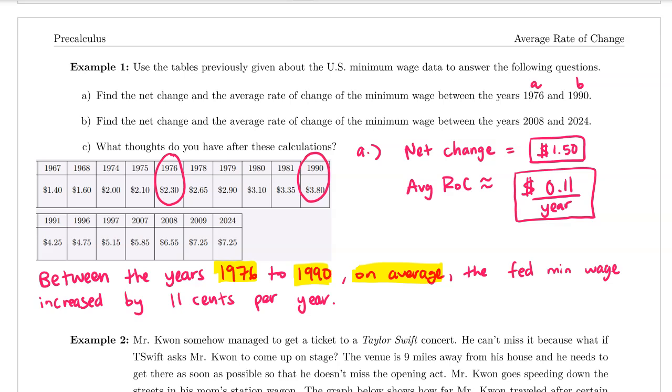Then another really important word is increased, because we found that the slope was a positive number. When the slope is a negative number, then we know that it's decreasing, but it's positive here. So we say the federal minimum wage increased by 11.